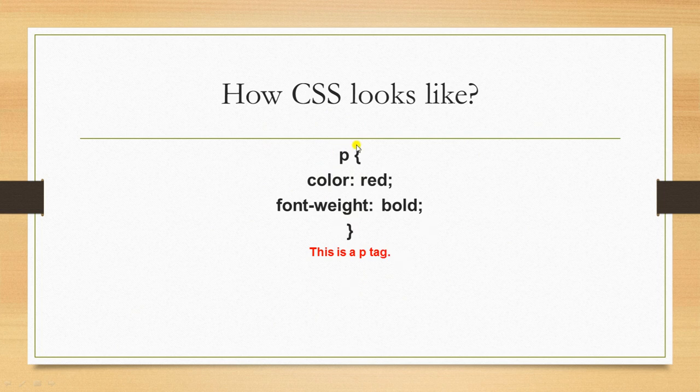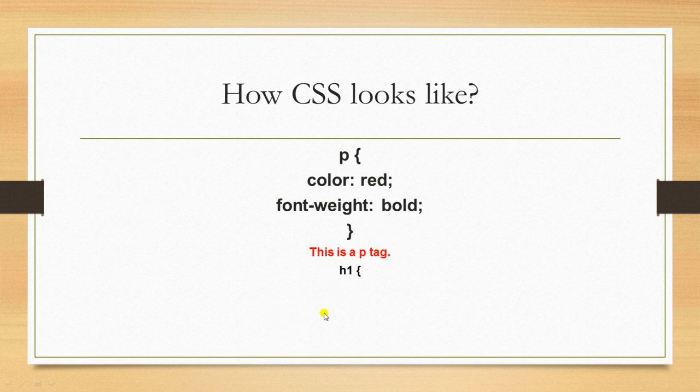Then the P tag will change like this. The color red will be applied and the font weight will be changed to bold. This is the property and this is the value. So in the color property, red is the value, and we divide the property and the value by using the colon. And in the next example we are making the text bold.